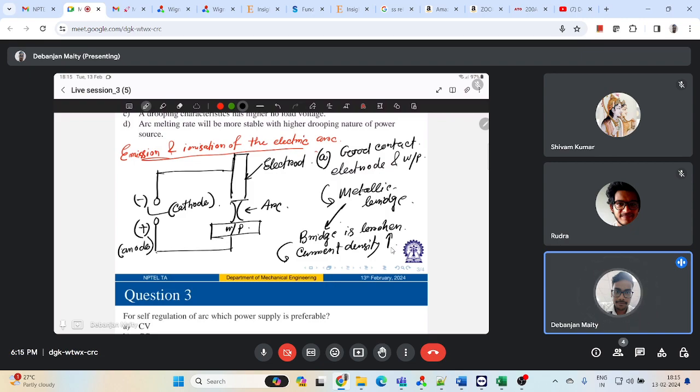Now, finally, the current density rises to such a high value that the metallic bridges, wherever they formed because of that contact, start boiling. Under such conditions, the electrons come out of both of these surfaces, positive and negative, and that is what we call thermionic emission. So this will form some kind of bridge of electrons.